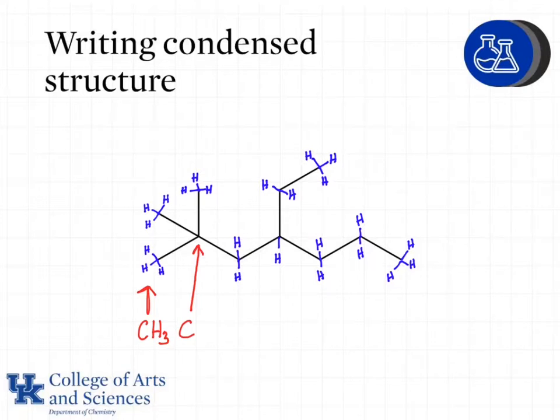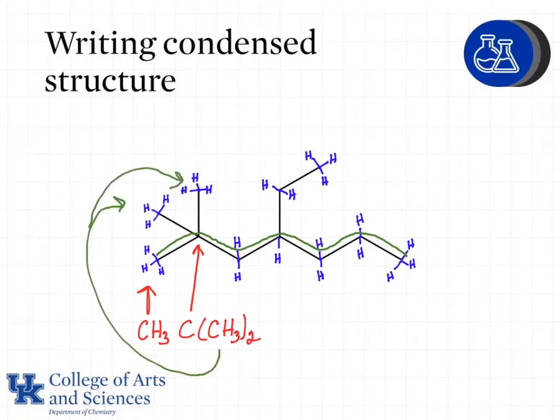Again, like before, those CH3 groups are not part of the backbone or the main chain of the molecule. They are off to the side, so we're going to have to use parentheses to represent them. And so what we see is we have CH3 group times 2, so we have two CH3 groups attached to that carbon atom.